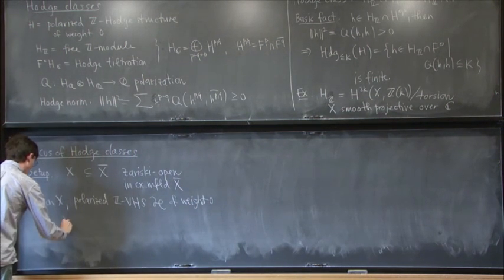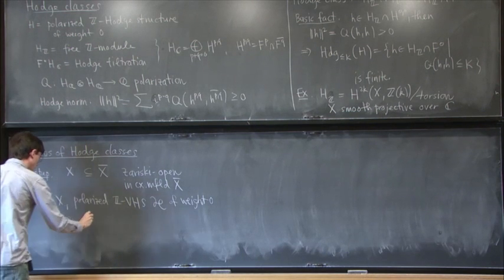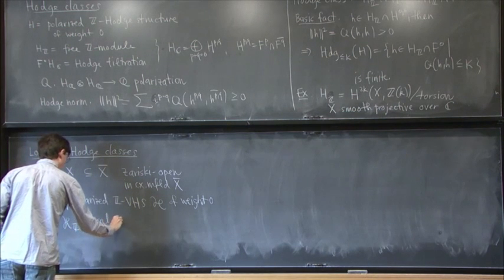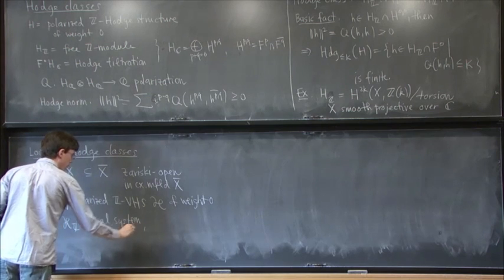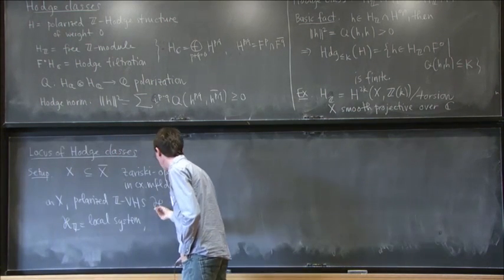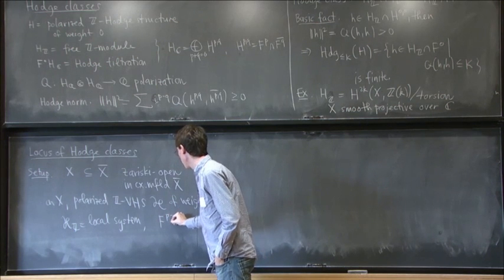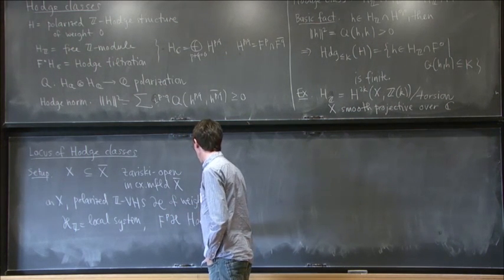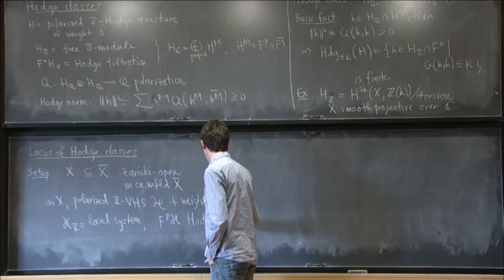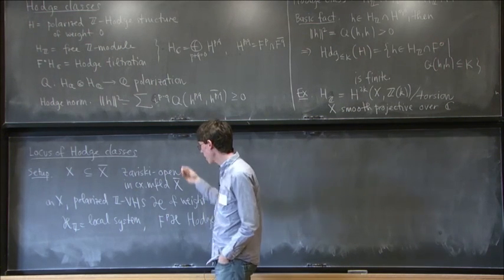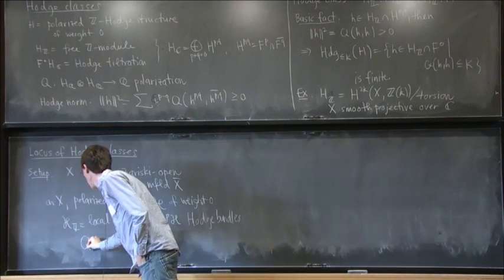So this will be the underlying local system, and then the vector bundle will be denoted by this curly H, with F^p the Hodge bundles. And then again, I have some polarization form, so I have some Q.